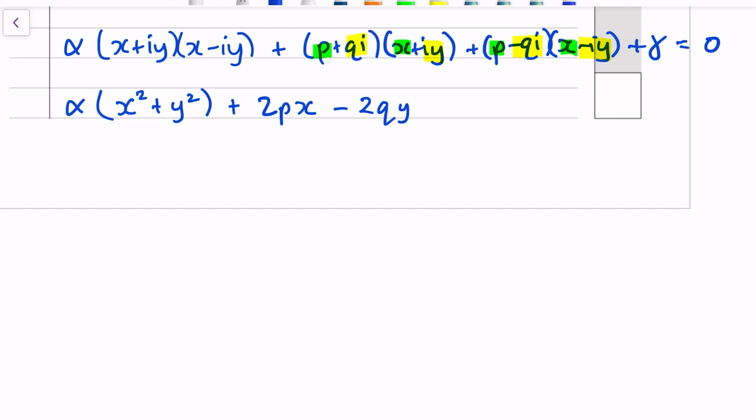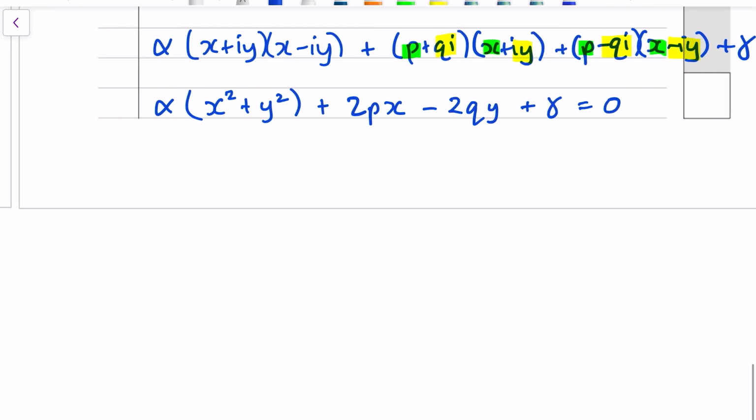Actually, all the other terms cancel. If you were to expand those brackets out, you'll see everything cancels. All the imaginary stuff cancels, which is needed. Because when we have an equation of a circle, we don't have any imaginary coefficients or imaginary terms. Otherwise, we wouldn't be able to graph it in the Cartesian plane. So, we've got that, and then we've got the extra gamma at the end.